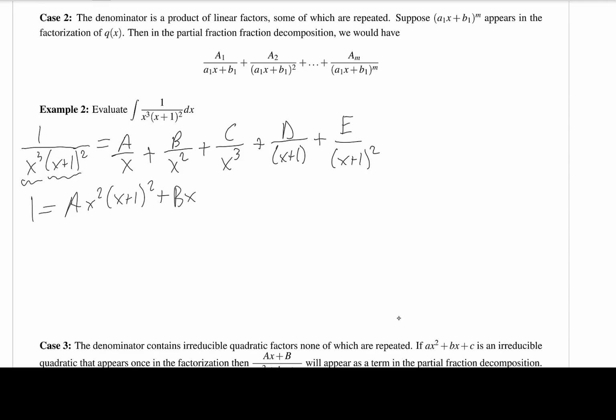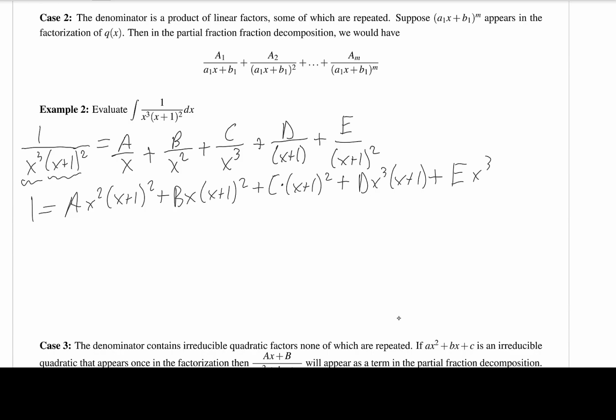Then we'll have bx times x plus 1 squared plus c times x plus 1 squared. Plus, now we'll be canceling out one of the x plus 1, so I'll have dx cubed times x plus 1 squared, times x plus 1, plus e times x cubed.